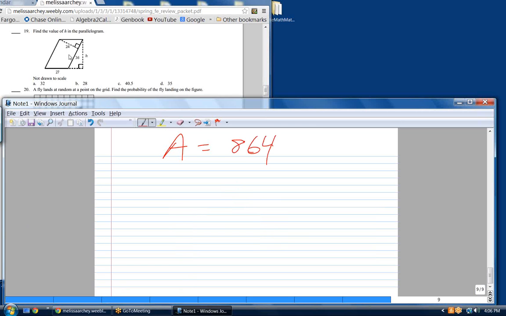So that's the area of the parallelogram that we know it to be. Now let's consider the area of the parallelogram with it standing up like it is. Well, we know the area still has to be base times height. And we know the area didn't change. So I can substitute 864 for area. I'm solving for h. Well, I know the base is 27.